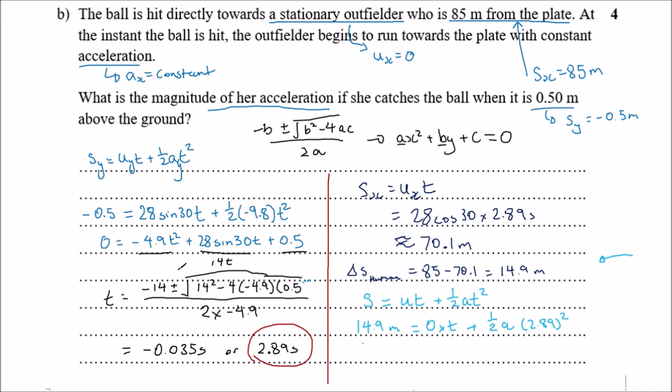So 2 times 14.9 over 2.89 squared is the acceleration. And the total acceleration of the lady ends up being rounded off to 3.35 meters per second squared. If we want to add a direction, towards the left. And that's how you solve this problem.